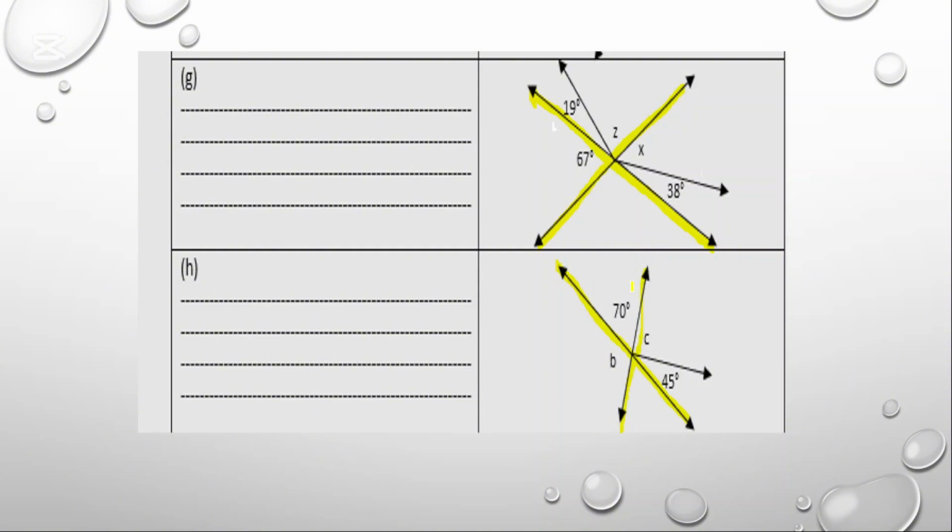B plus 70. They're all on the same side, B and 70. They're on the same side of this line here. So find B, and once you have B, you know B is vertically opposite C plus 45. And from there, you can work out that answer.